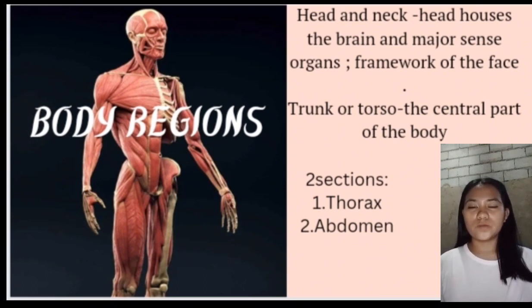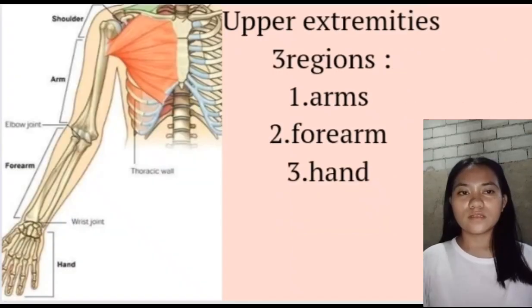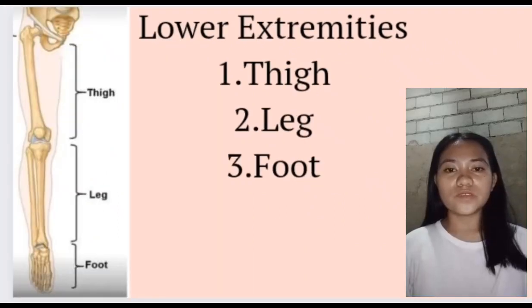The trunk or torso, the central part of the body, has two sections, the thorax and abdomen. The upper extremities have three regions: the arms, forearms, and the hand. The lower extremities also have three regions: the thigh, leg, and the foot.